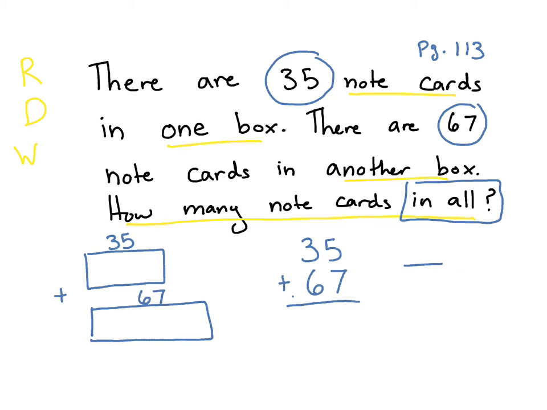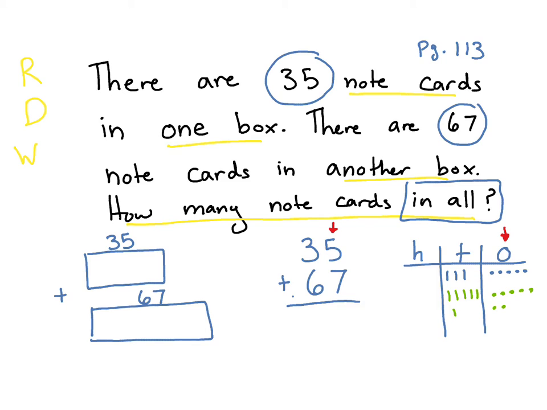Or you could solve this by drawing them out in your place value chart. Hundreds, tens, and ones. You could draw your 35 and then add your 67. Alrighty, whichever way you do it, I want you to start by adding up your ones.